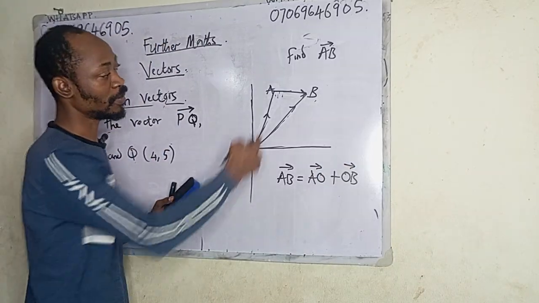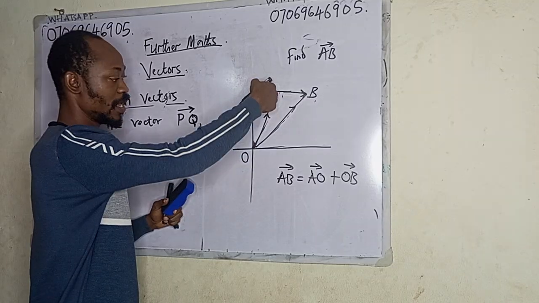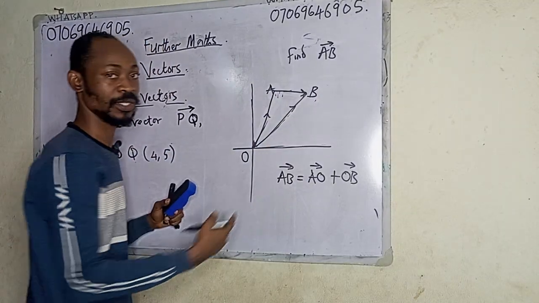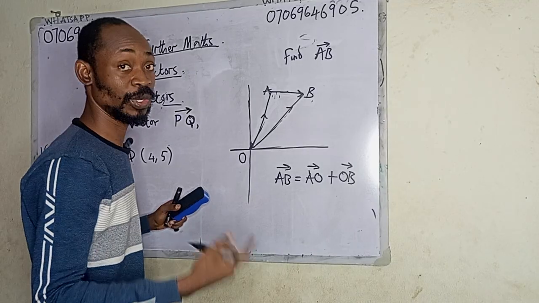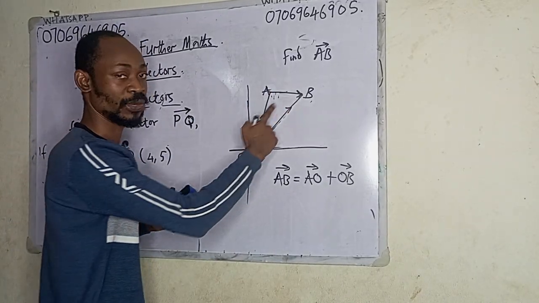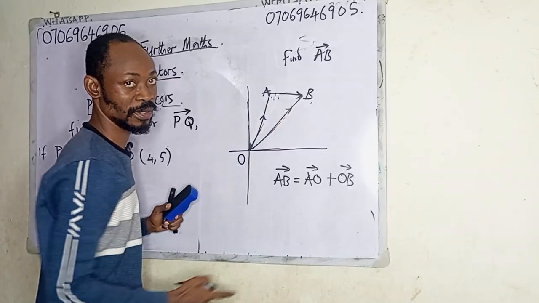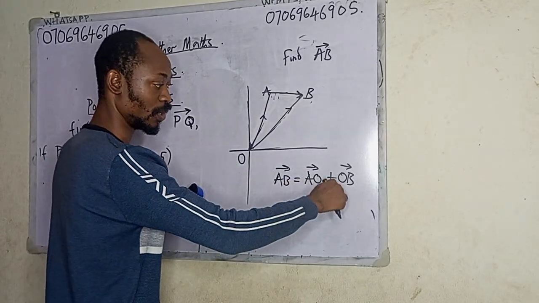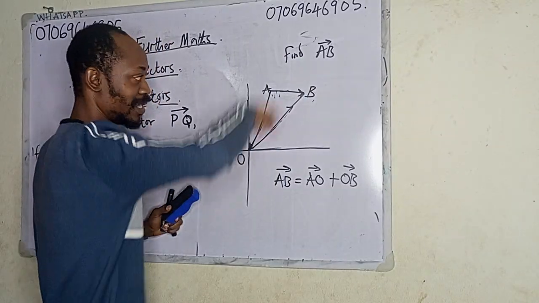If you're going to go from A to B, we go from A to O first of all, then we go from O to B. According to the triangle law of vectors, it goes AO plus OB. That's how we're going to get our AB. So vector AB is vector AO plus vector OB.